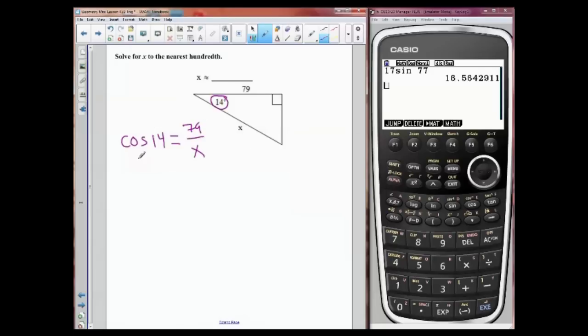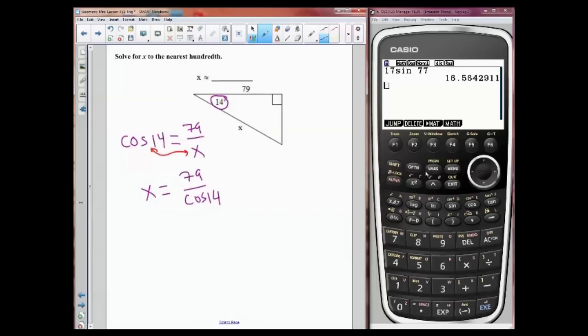And we're going to be using some algebra again because it's just like an algebra problem that you saw before. You might have used something like a y or whatever. So you're just going to do a reciprocal, multiply by x and divide by cosine. But for you guys, all you're really going to do is just swap these two places. So you have x is equal to 79 over cosine 14.